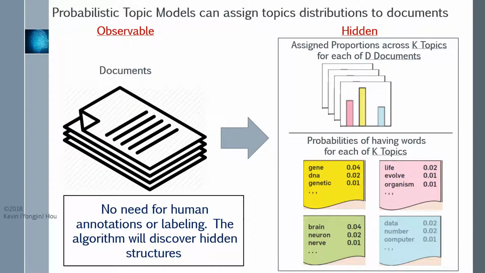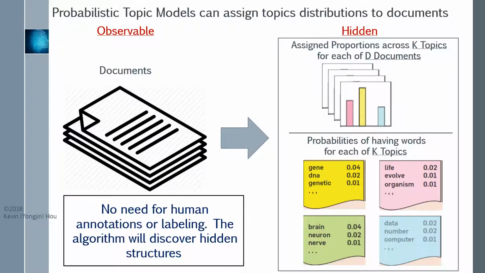If you remember in the last class, we talked about the probabilistic topic models can assign topic distributions to documents. As observable inputs to the algorithm, we got the documents. Each document has a lot of words, text data in it.